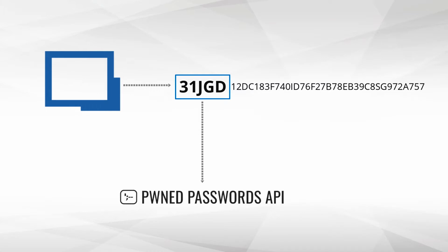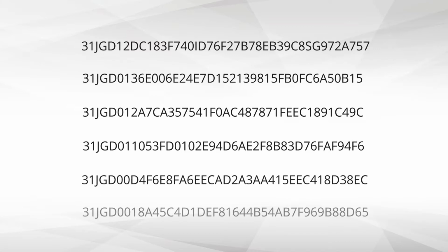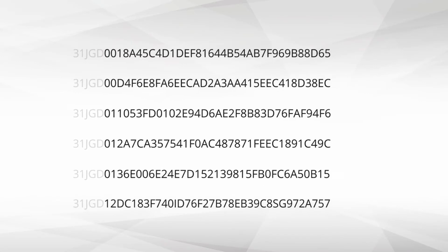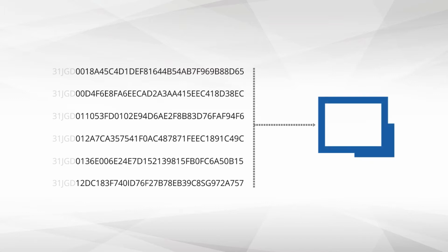Then Pwned Passwords checks those first 5 characters against all of the hashes in the database. It might come out with a list of several or maybe a lot of different passwords where the first 5 characters of the hash match, and then it will send that list back to RDM.